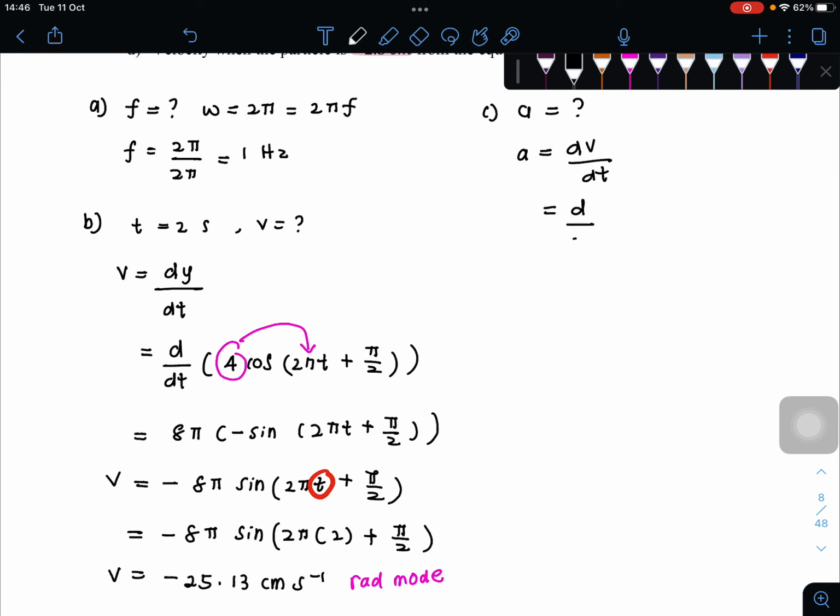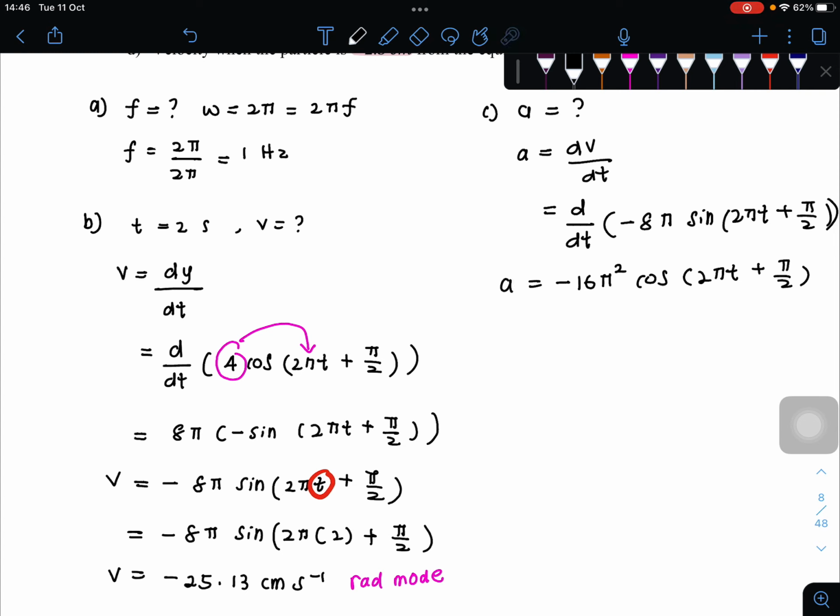So we differentiate here. Kita differentiate d over dt, velocity negative 8 pi sin 2 pi t plus pi over 2. Okay, differentiate this whole thing darab dengan omega. So negative 8 pi darab dengan 2 pi, kita akan dapat negative 16 pi square. And then differentiate sin, kita akan dapat cos. The rest you just salin balik sahaja.